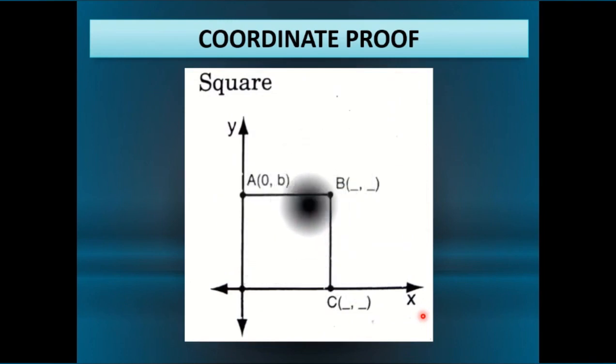The next, we have our square. For the square, all sides are equal or congruent. So this one will again be (0, 0) because it is found at the origin. And then for point A, we have (0, B).